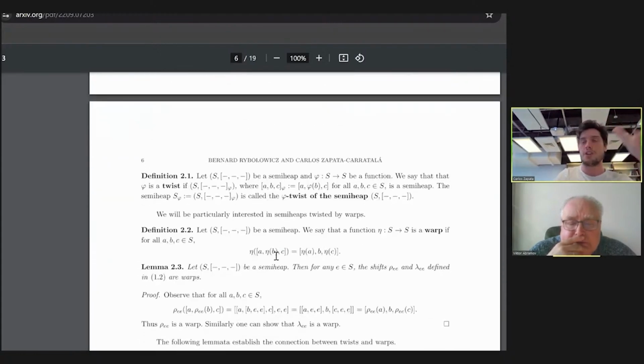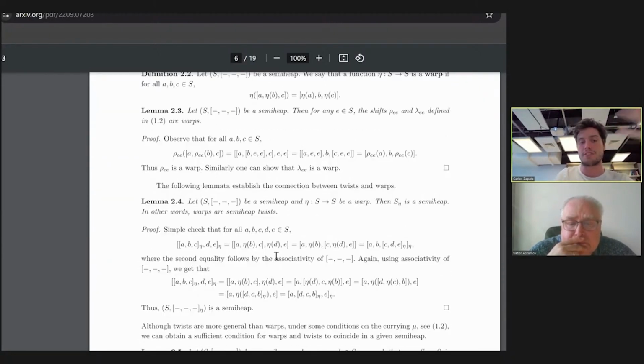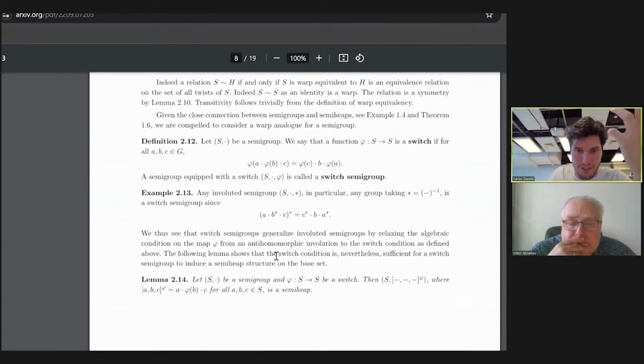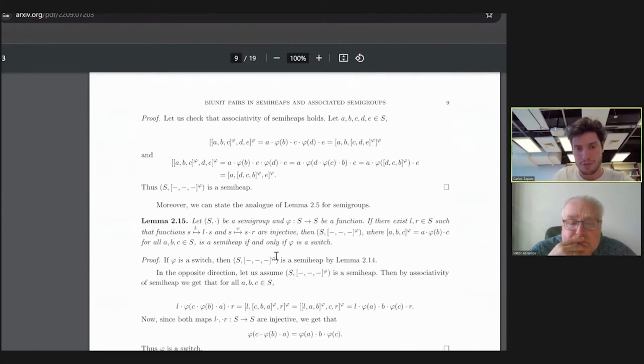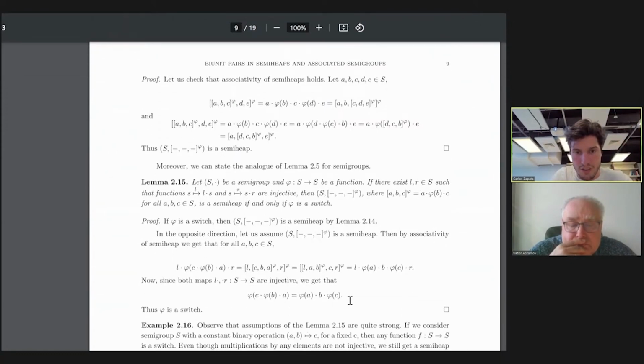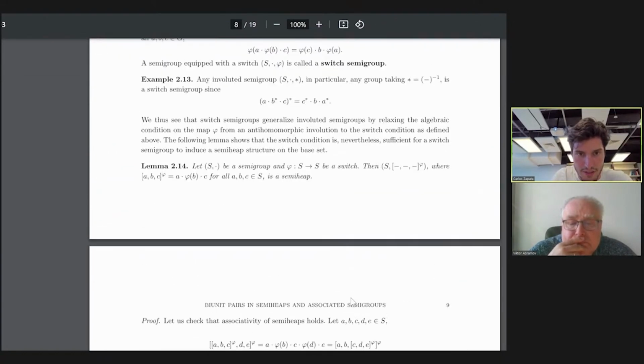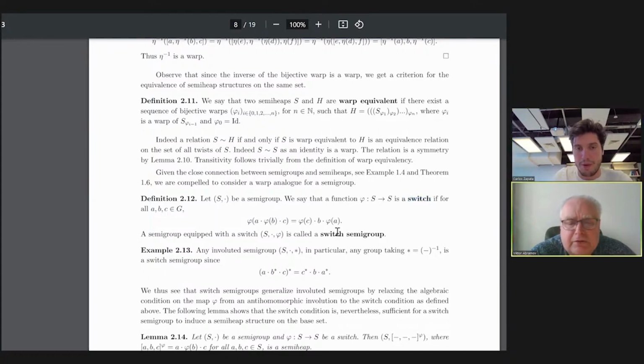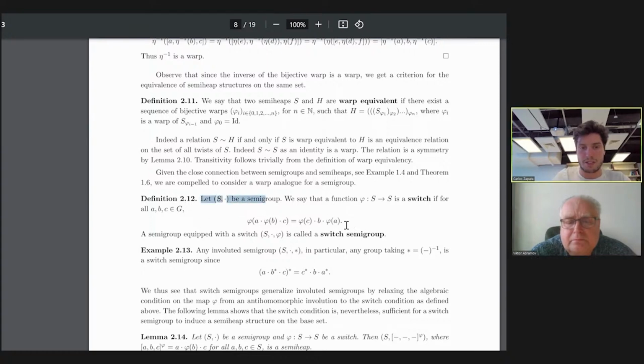So we know they are in correspondence with some binary structure, which generalizes groups, and in particular generalizes involutive semigroups, which is a bit more general. This is the condition, which we call a switch. It's a name for a map in a semigroup. So it's this definition basically.